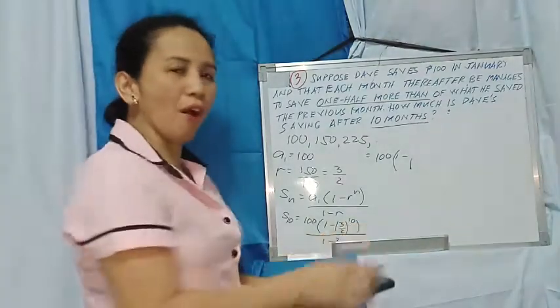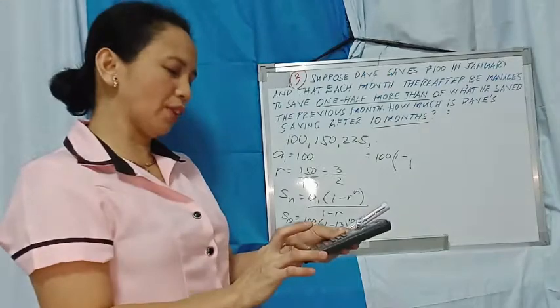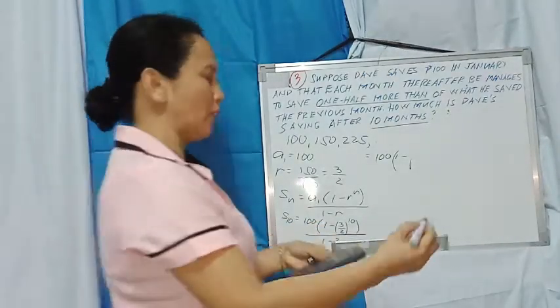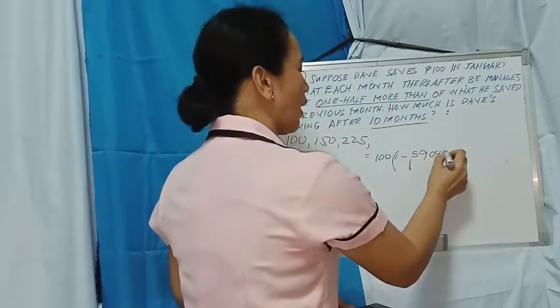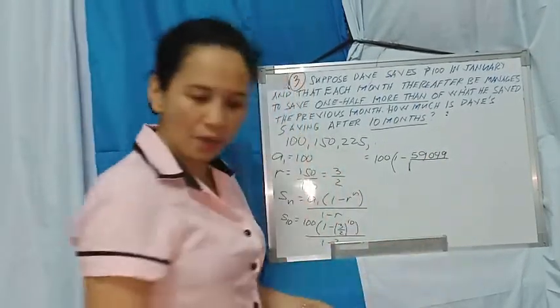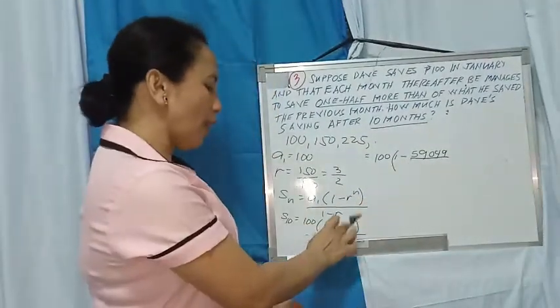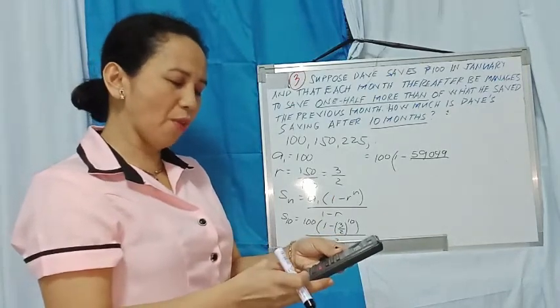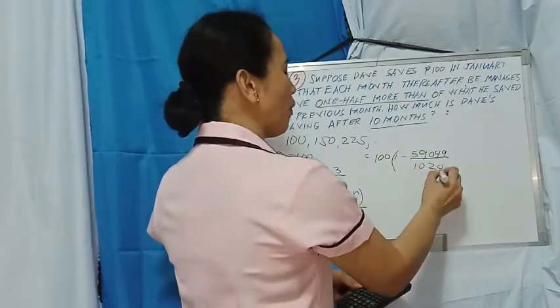So we have here 3 to the 10th power, that is 59,049. So 59,049 all over 2 to the 10th power. So 2 to the 10th power is equivalent to 1,024.